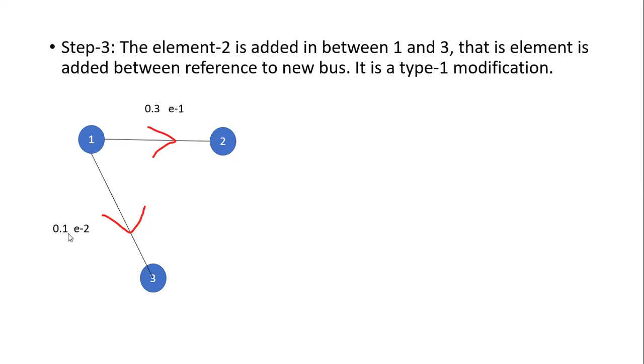That's value is 0.1. If the element is added in between the reference to the new node, then this type of modification is also called the type 1 modification. What is the formula for that type 1 modification? That was observed in the second step.